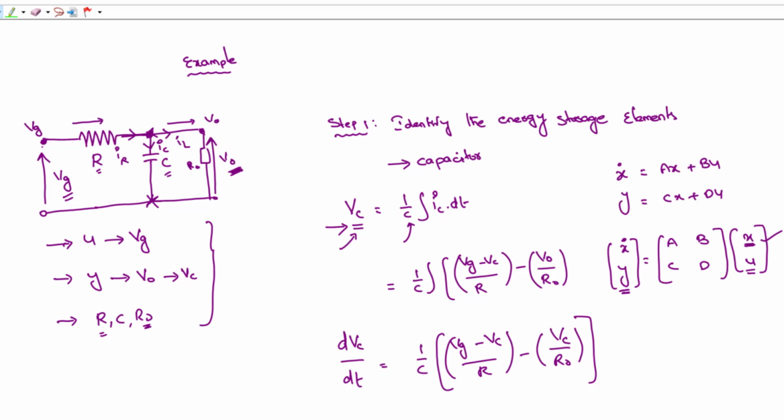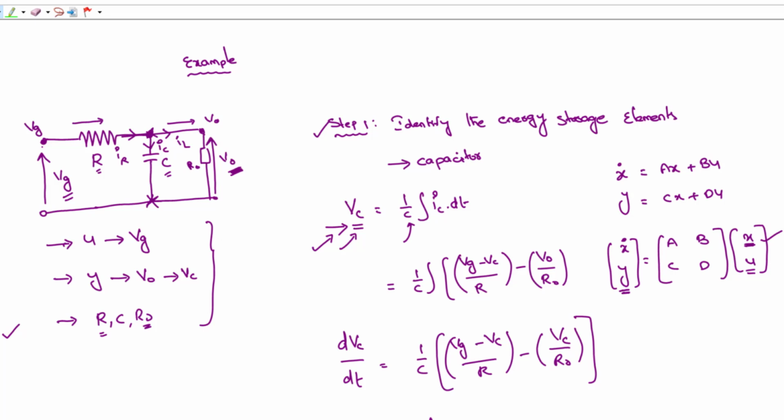Now let us segregate the terms. First, identify the energy storage element. Once you identify it, step 2, identify the parameters. Step 3, find the energy storage element equations, convert them into the known form, and then segregate.